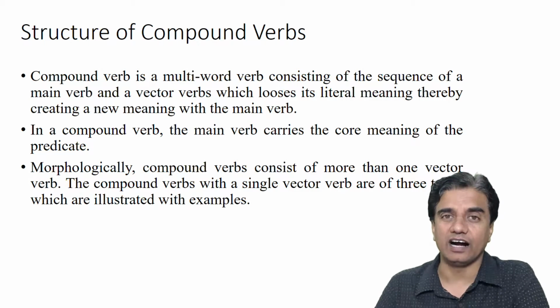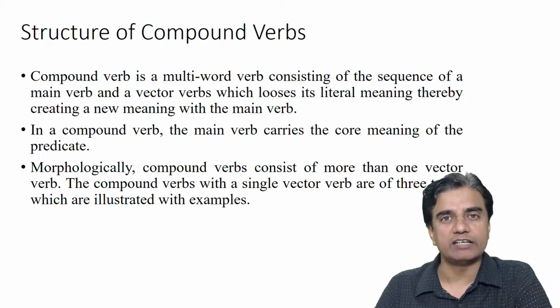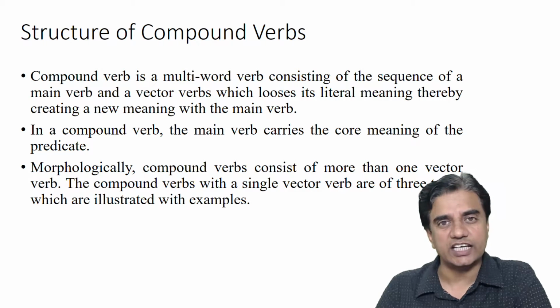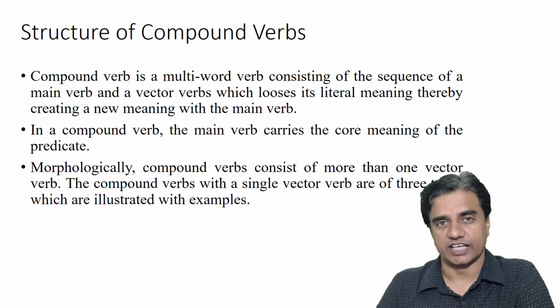It has a as V1 and jaiye as V2. As you can see, a does not take any marker on it, but jaiye, the verb ja, takes the imperative mode marker on it and it becomes aa jaiye.